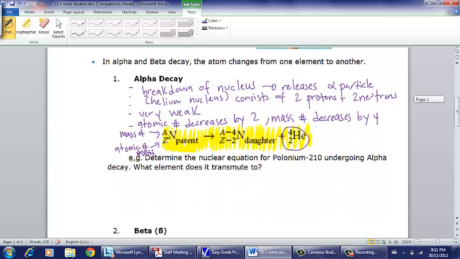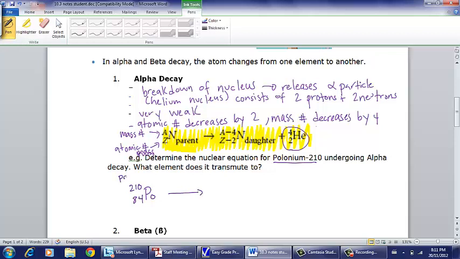As an example of this, determine the nuclear equation for polonium-210 undergoing alpha decay. We want to figure out what it changes into. Transmute means to change into. So we have polonium-210, and then we need to look up on the periodic table what its atomic number is, and we get 84. It's going to undergo alpha decay.